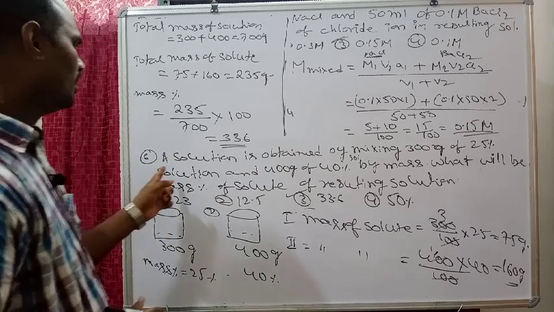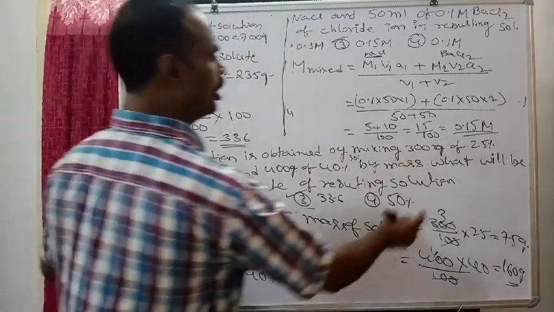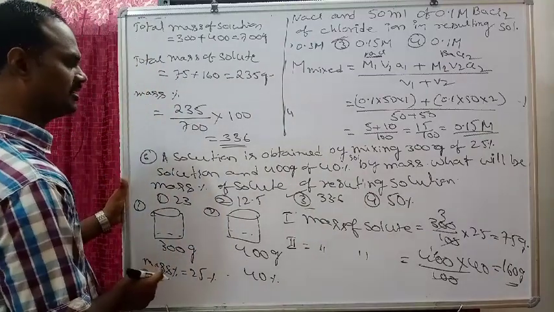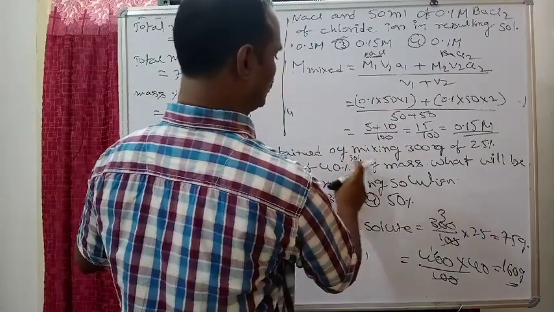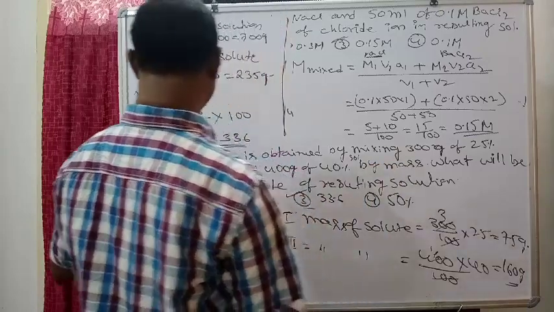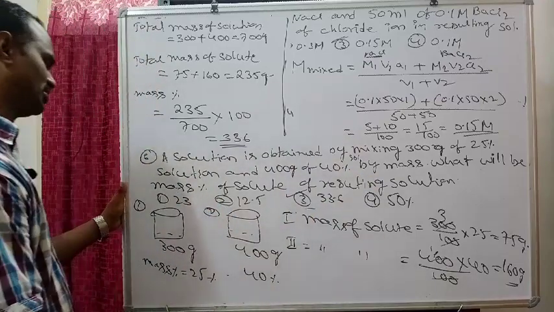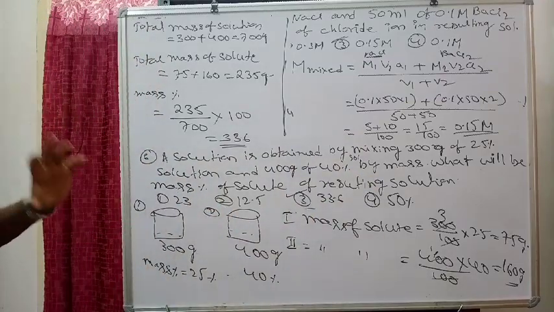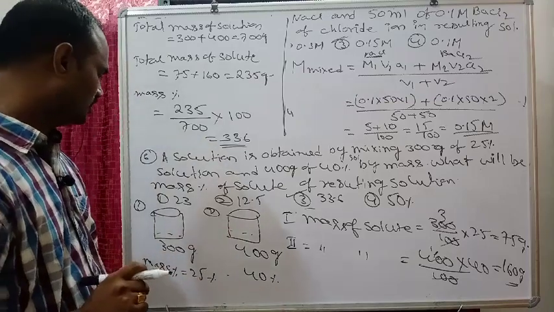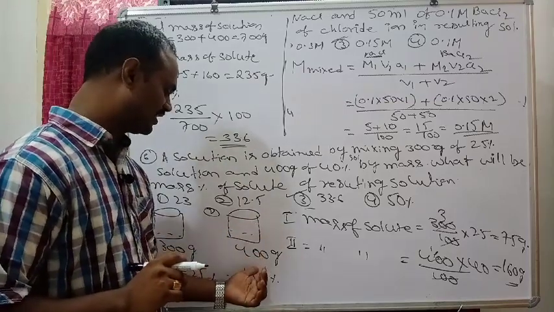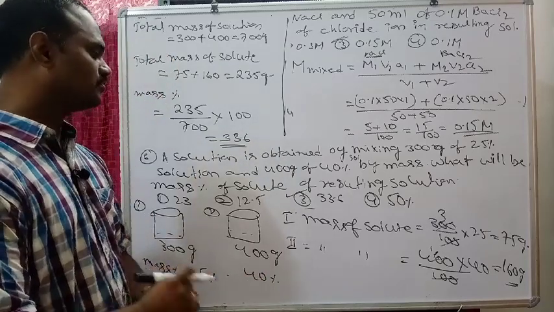Once again, a solution is obtained by mixing 300 grams of 25 mass percent solution and 400 grams of 40% solution by mass. What will be the mass percentage of solute in the resulting solution? One solution is 300 grams with mass percent 25, another is 400 grams with mass percentage 40.